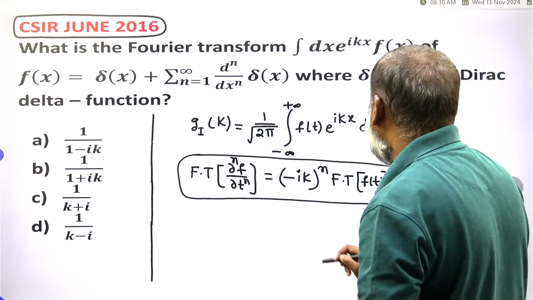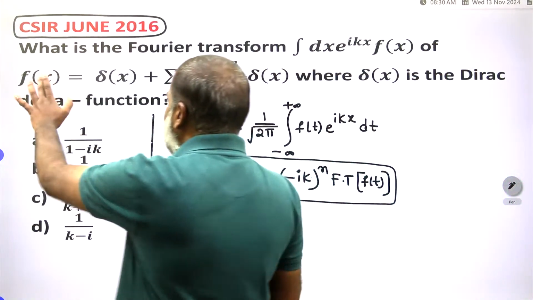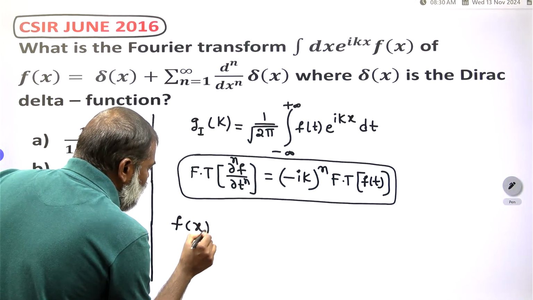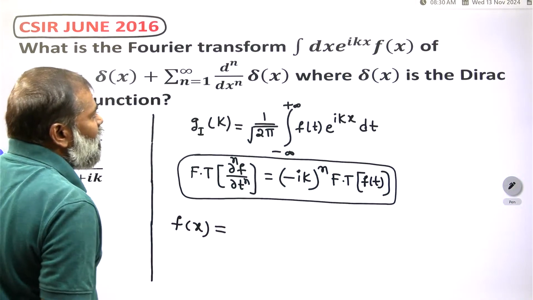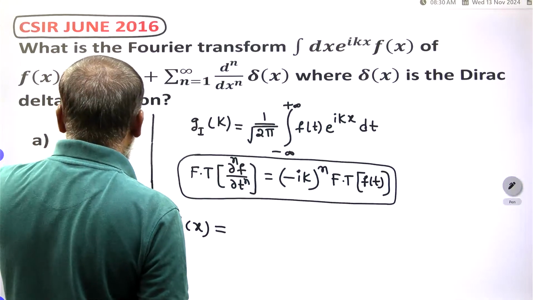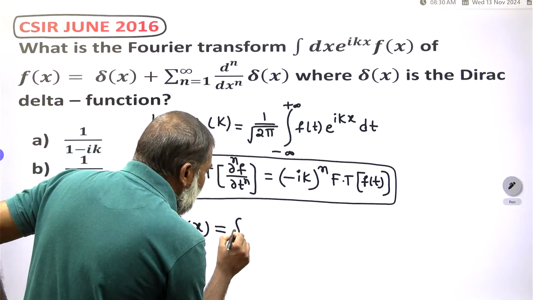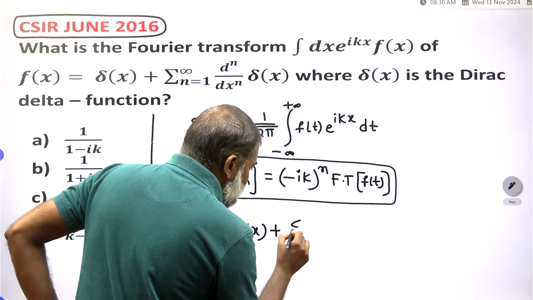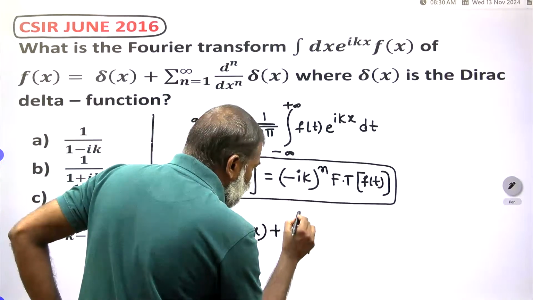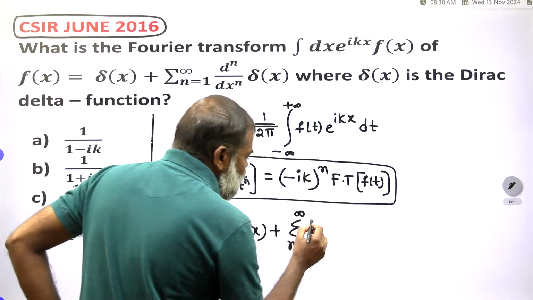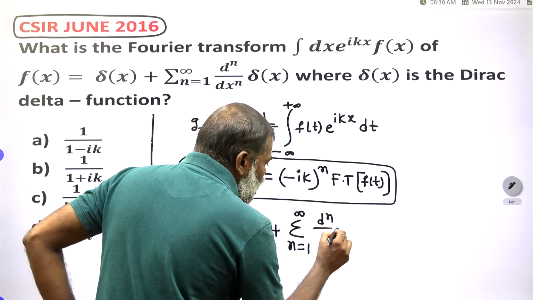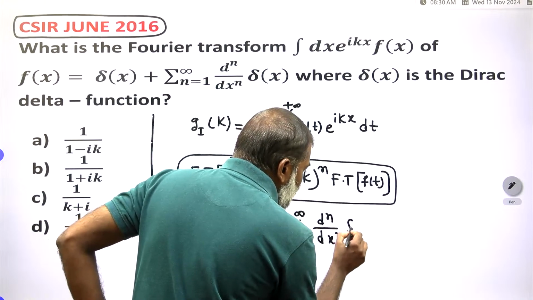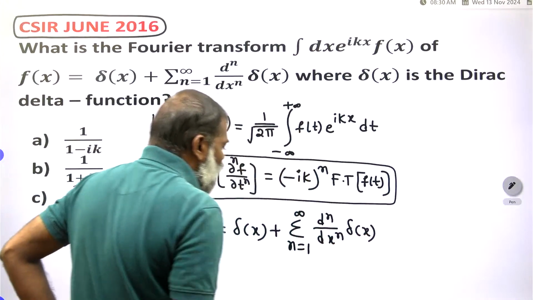First we have to take the function f of x. What is that function? f of x is equal to the Dirac delta function plus the summation n equal to 1 to infinity of d to the power n by dx to the power n of the delta function of x.